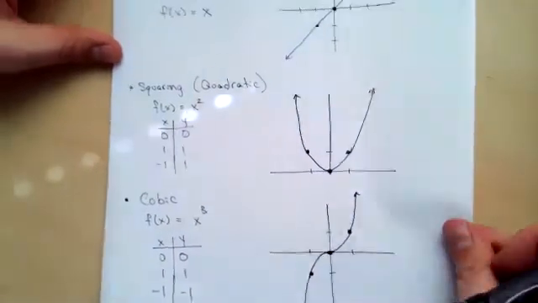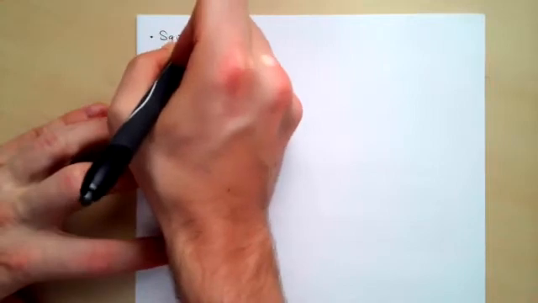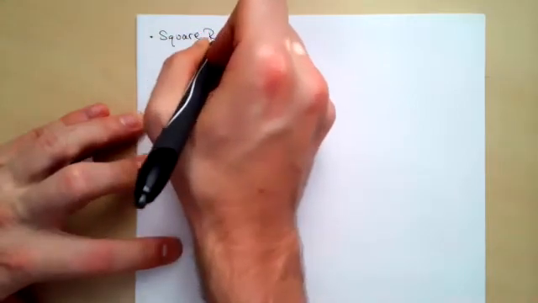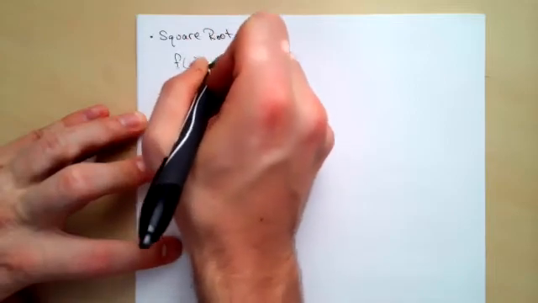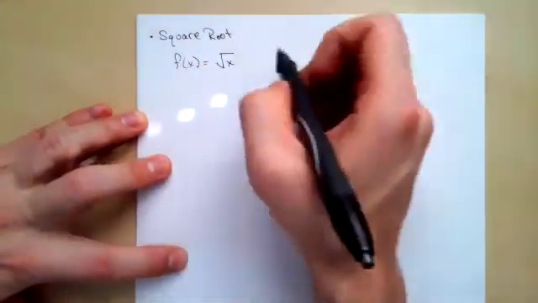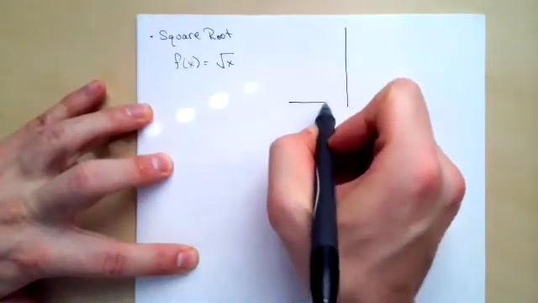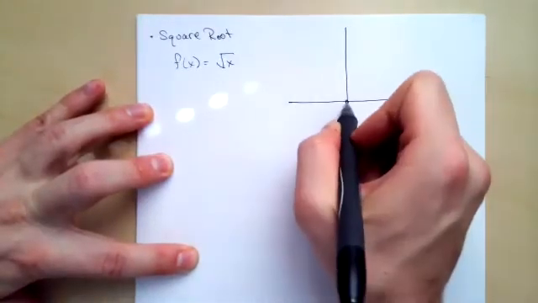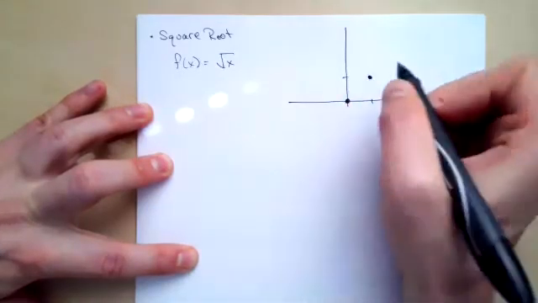Our other 2 function classes that we like to work with are going to be square root functions and reciprocal functions. So square root of x looks exactly like a parabola, except sideways.